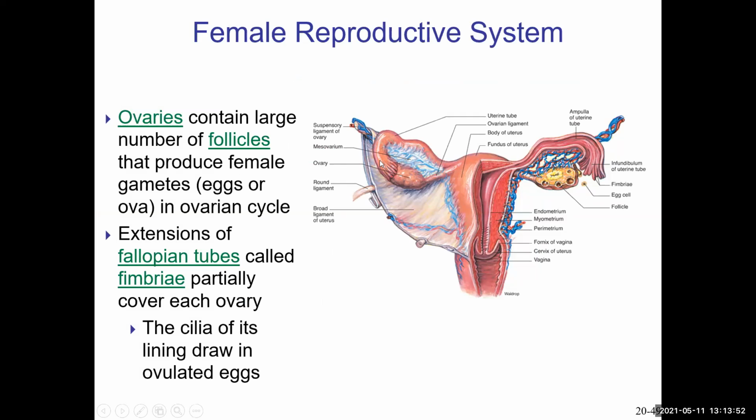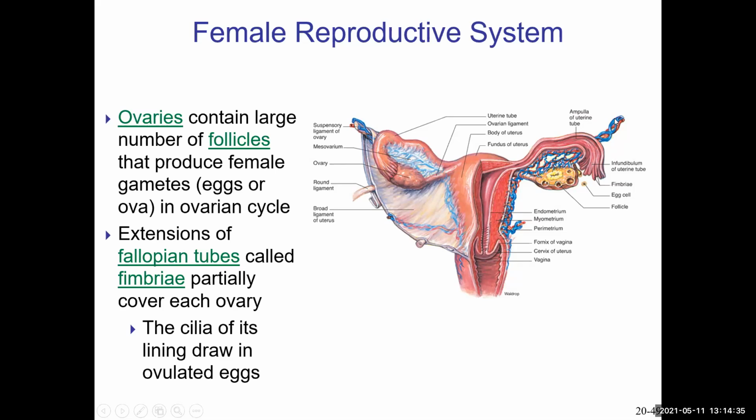This one is the infundibulum. The fimbria are the finger-like projections of the fallopian tube, and they are attached to the infundibulum here, which is funnel-shaped. Then the dilated part of the fallopian tube is called the ampulla, the ampulla of the uterine tube, or ampulla of the fallopian tube.